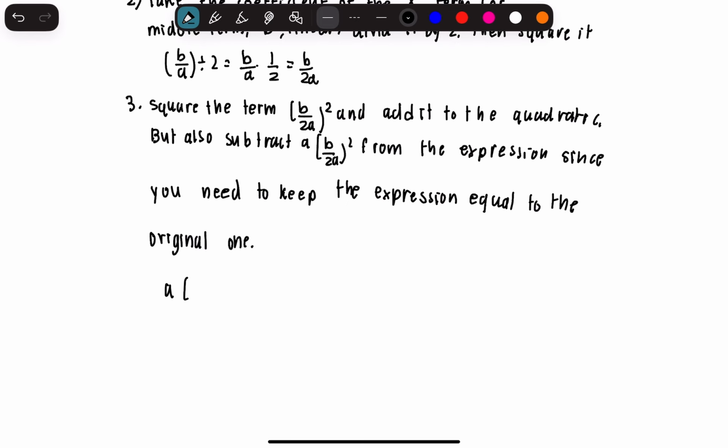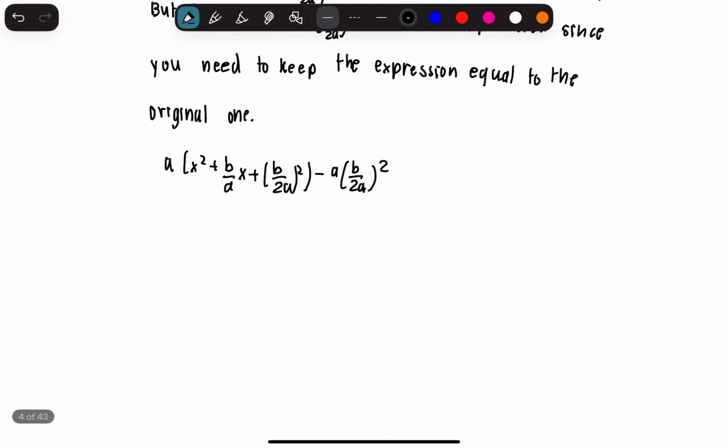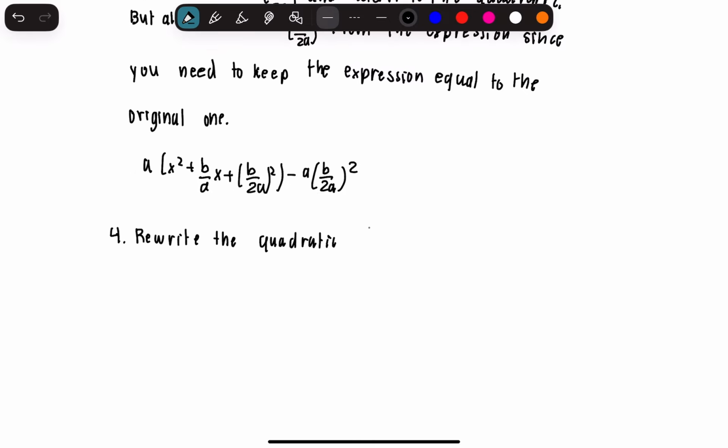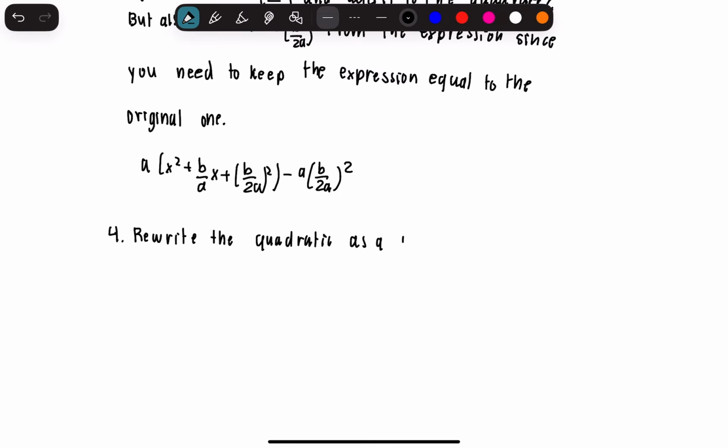So now you have a times x squared plus b over a times x plus b over 2a squared, minus a times b over 2a squared. Now you rewrite the quadratic as a perfect square of 2 factors.